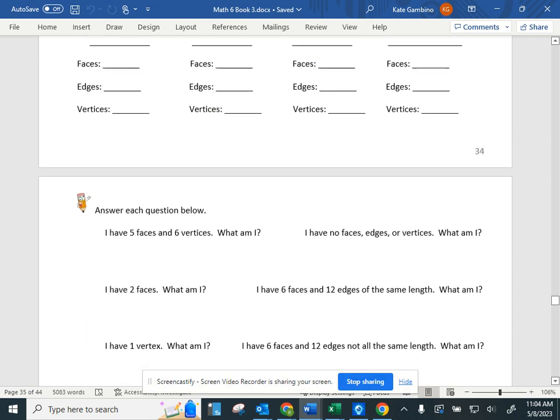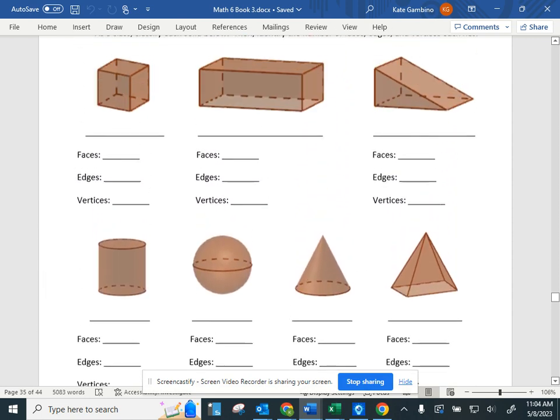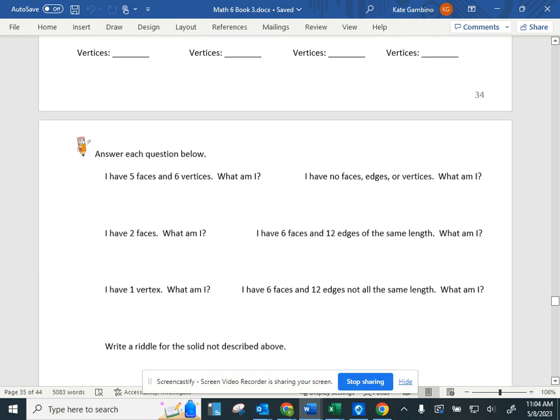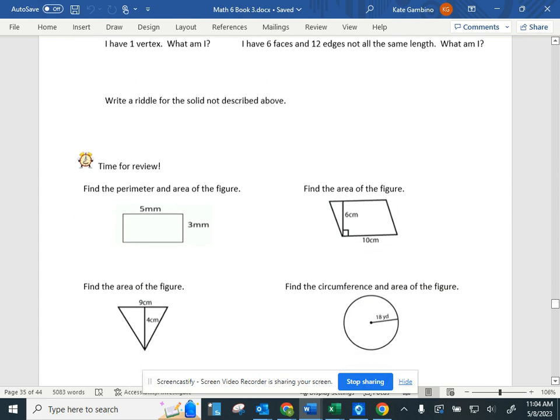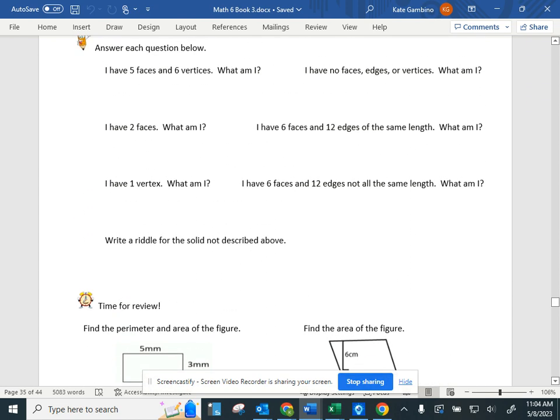We have 7 solids on that first page. There's 1 that you don't put as an answer because there are only 6 riddles. So for that 7th one, you create a riddle that's similar, talking about the faces, the edges, the vertices. Write out what you would put for that 1 shape that you haven't answered yet.